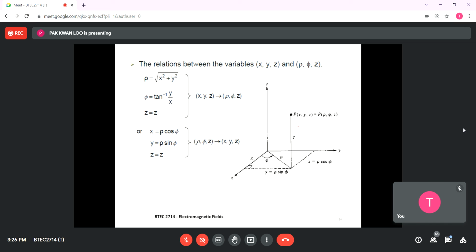And what is the relation between Cartesian and cylindrical coordinates? From here to this point is your radial length, and it makes an angle phi with x, right?